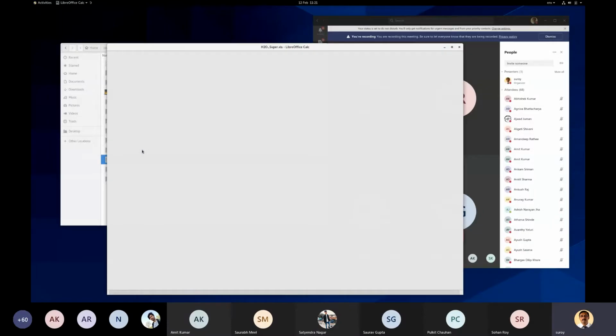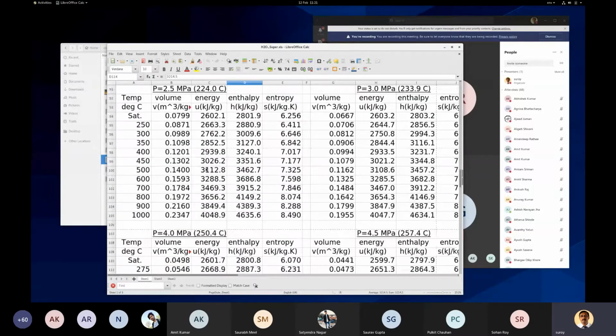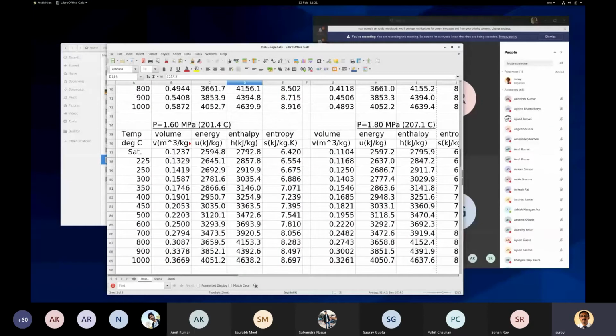superheated. See, this is the superheated condition. How do you read the superheated condition? This is the saturation condition, 1.6 megapascal and 201 degrees centigrade. If it is superheated, for different temperatures at the same pressure of 1.6 megapascal, like the 1 bar line I was showing you, this is the saturation condition.